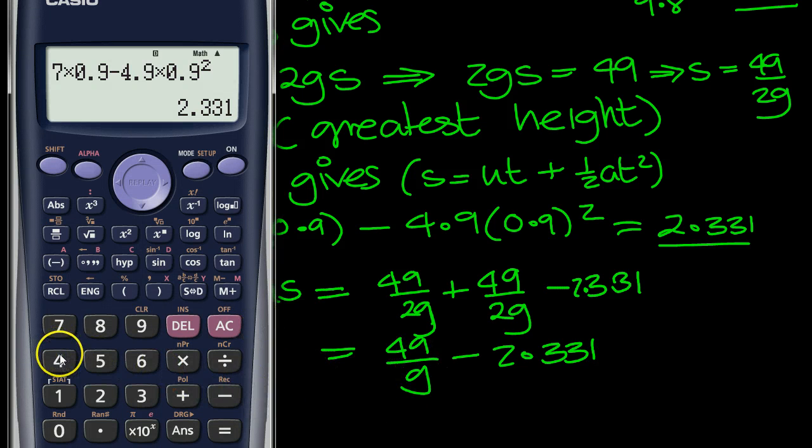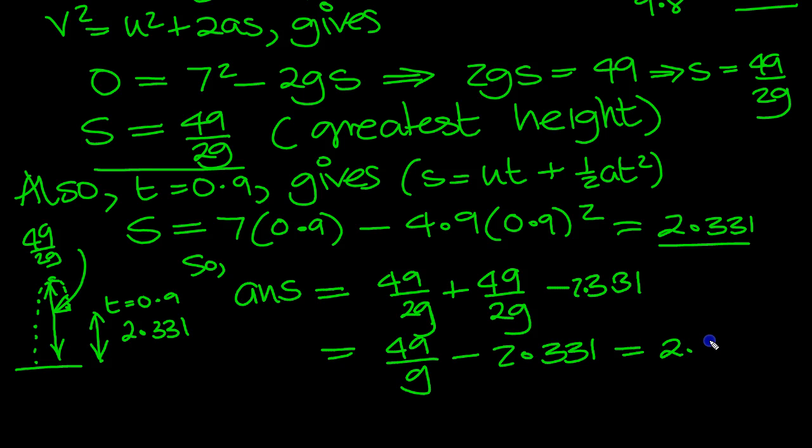Okay, so 49 divided by 9.8 equals 5, minus 2.331 is 2.669. And to three significant figures, that's 2.67.